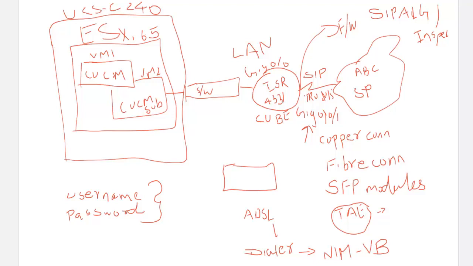And then you would also need, usually the same username and password, to authenticate the numbers, the DID number authentication, so that whenever there is an outgoing call, the service provider will authenticate the calls using that username and password.